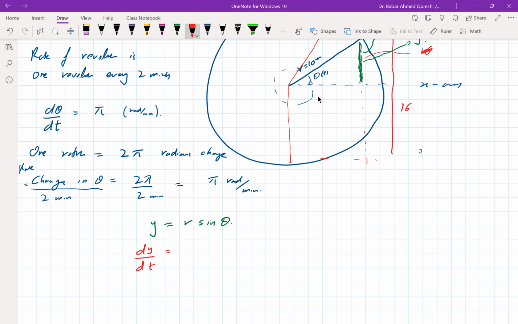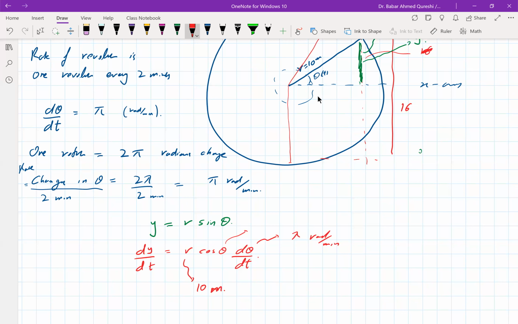So dy by dt is, and r is constant, d theta by dt. This is given to me. This is pi. This is fixed at 10 meters.